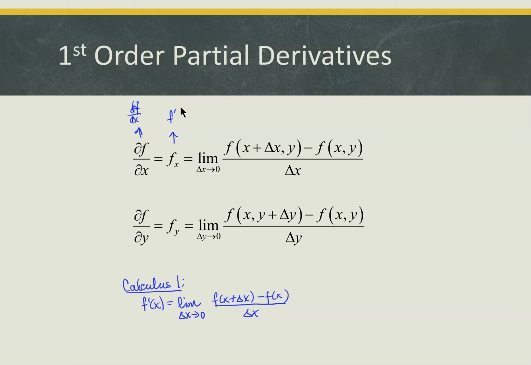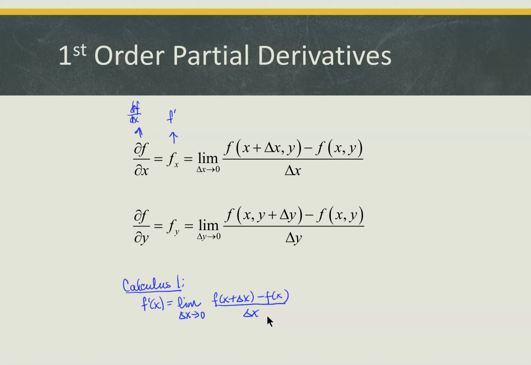So the partial derivative with respect to x is the limit as delta x goes to 0 of f of x plus delta x comma y minus f of x and y, over delta x. Notice the similarity to the definition from Calculus 1.